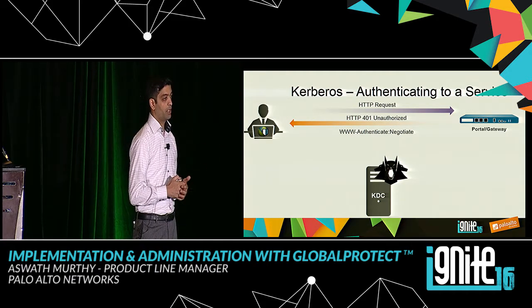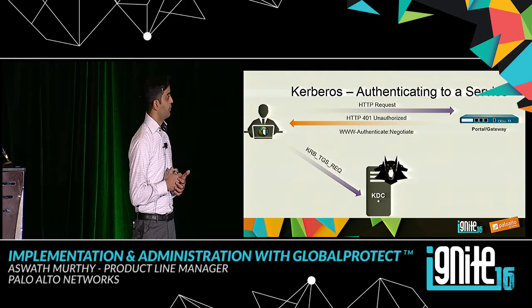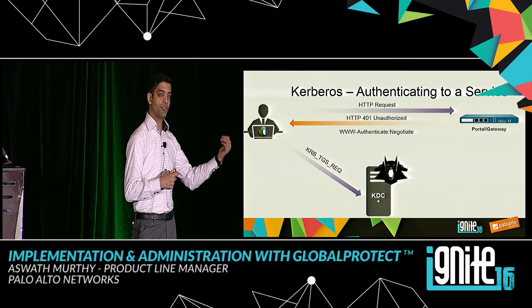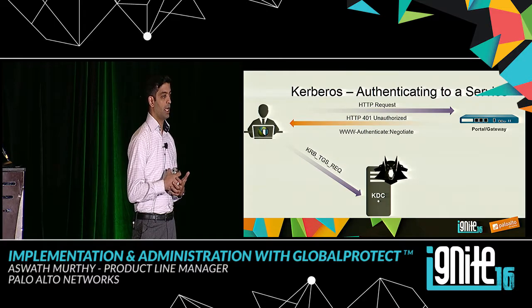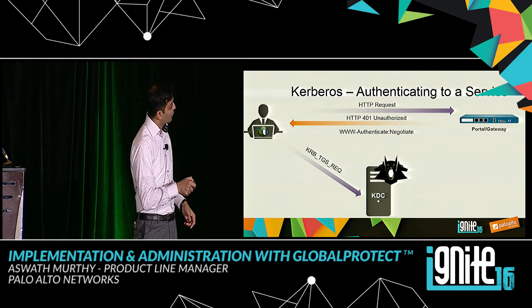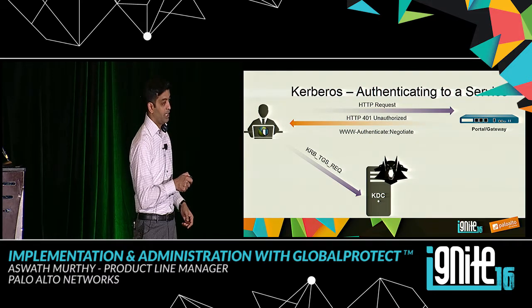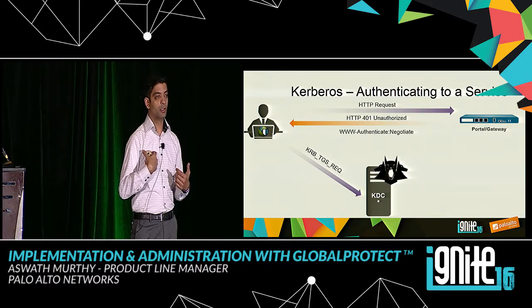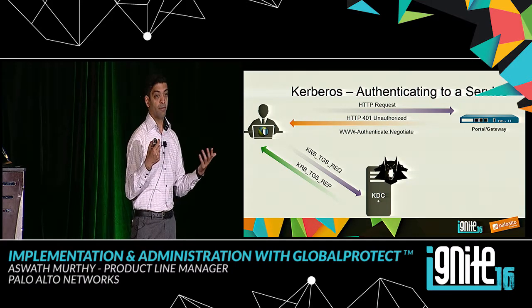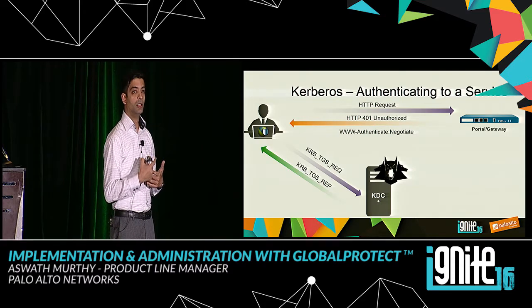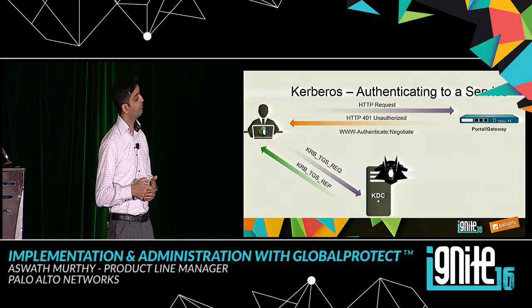The client looks at that response and now knows that it's in a single sign-on Kerberos transaction, reaches out to the KDC with the TGT and says, hey, here's a TGS request. This is the service that just asked me to negotiate and authenticate for a transaction. Can you please hand me a service ticket? The KDC, if you have the privileges to do this, you have the rights to get the service ticket, comes back to you with the service ticket.